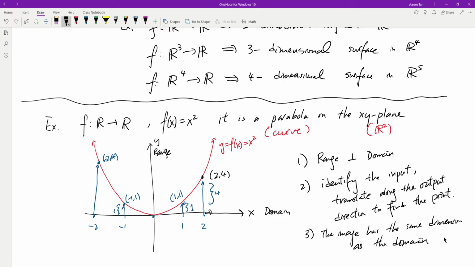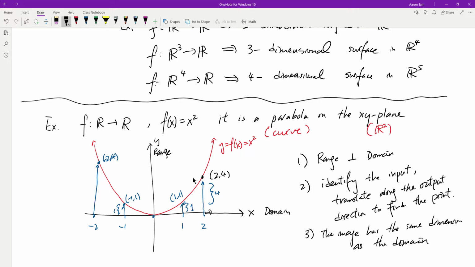That makes sense in this case because our image is a curve, which is a translation of every single point on the x-axis upward to wherever it should be. Technically it could be downward, but in this graph it's all moved upward to form the parabola.